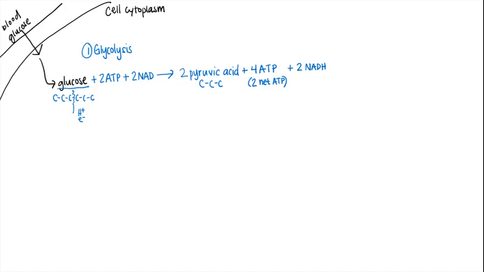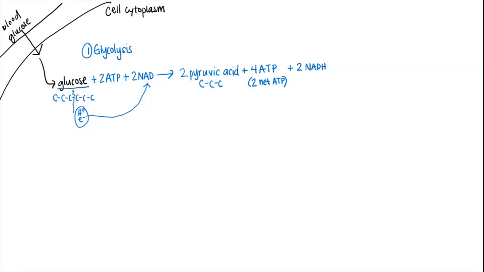And the energy from the glucose molecule is really going to be stored in these protons and electrons. And we're focusing on the electrons. So what we're going to do is put this onto the NAD. So basically we're adding a hydrogen atom onto NAD, which is how it becomes NADH.